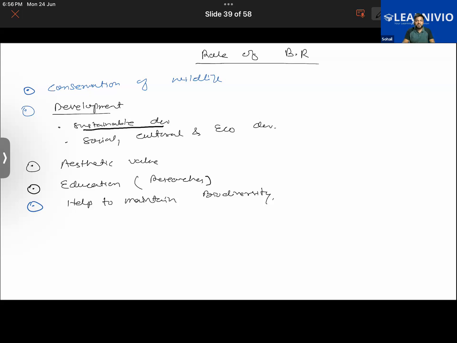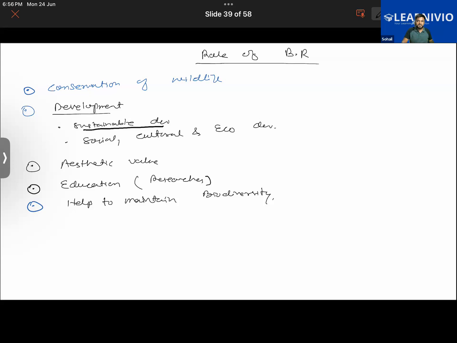And here we won't be exploiting the resources in such a manner that they would be quickly exhausted. We would be using the resources in a judicious manner so that they are left for the future generations also. We should meet the present need without compromising the ability of future generations to meet their own needs.